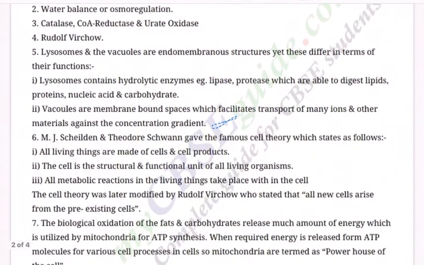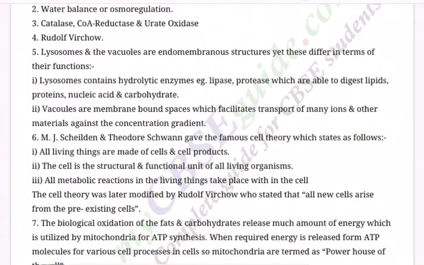Next, question number 6. Schleiden and Schwann. They are famous with their surnames perhaps. Schleiden and Schwann gave the famous cell theory which states as follows. 1. All living things are made up of cells and cell products. Point 2, the cell is the structural and functional unit of all living organisms.